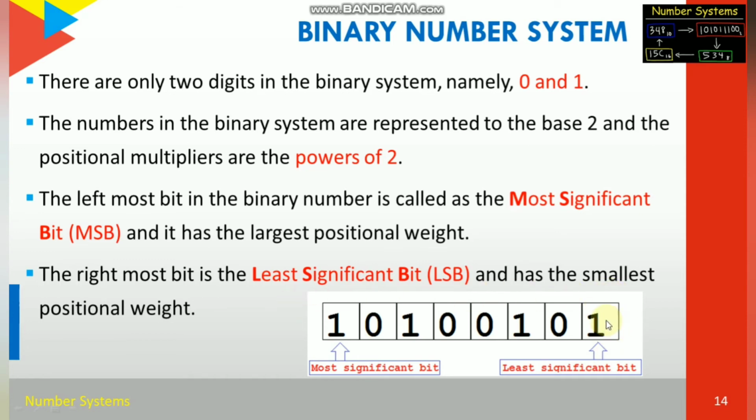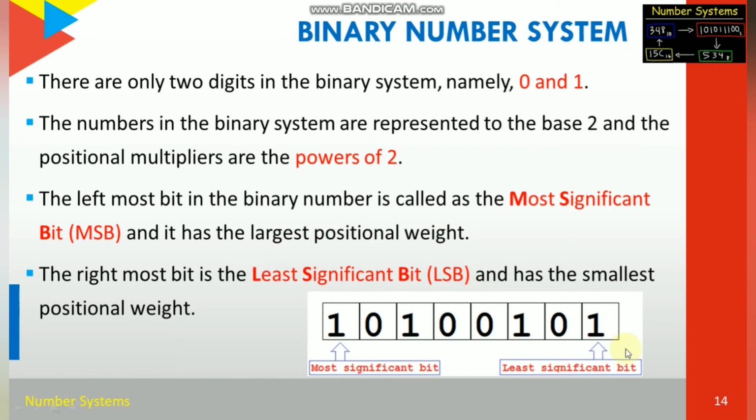I already said we should always start from right to left. The leftmost bit in the binary number is called the most significant bit. That is, it will have the largest positional weight. Each number will have a positional weight, for example, 0, 1, 2, 3, 4, 5, 6 and 7. So the most significant bit will always have the largest positional weight.